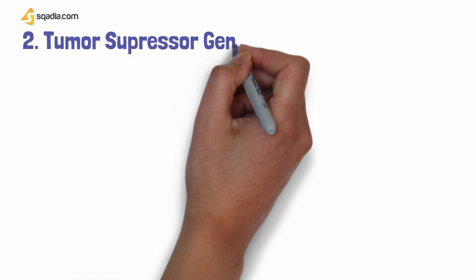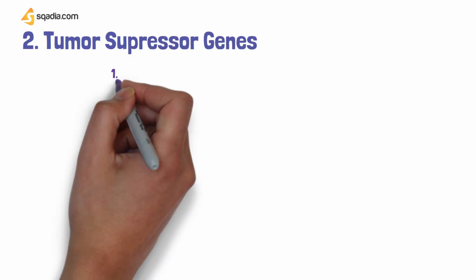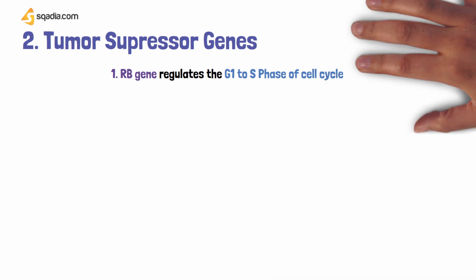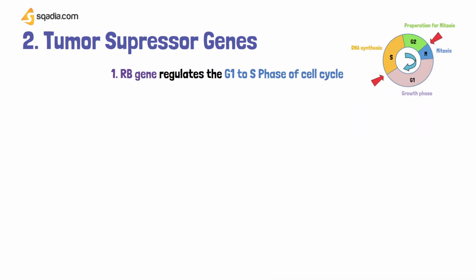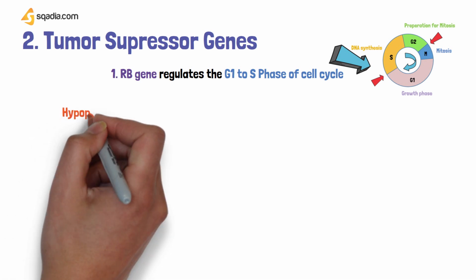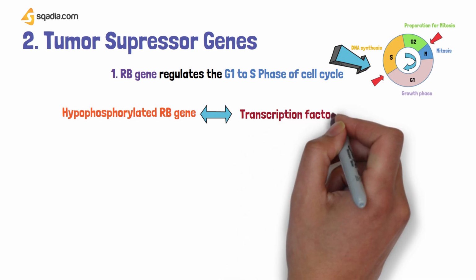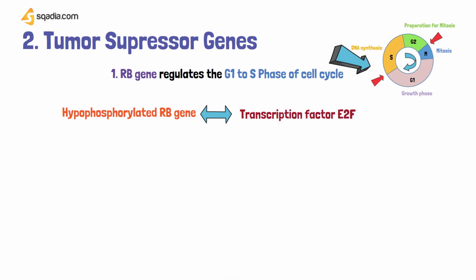Then we're going to talk about the tumor suppressor genes. In the tumor suppressor genes, we have the RB gene. This RB gene regulates the cell cycle, specifically the G1 to S phase. The hypophosphorylated RB gene makes a complex with the E2F transcription factor. Now, when this happens, there is going to be inhibition of the E2F mediated transcription.